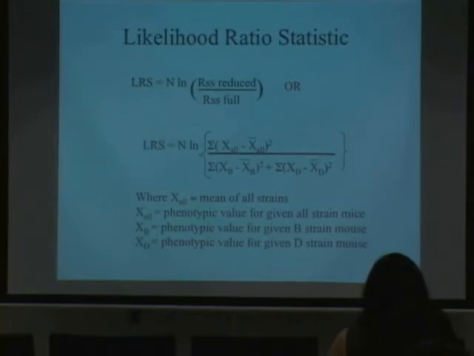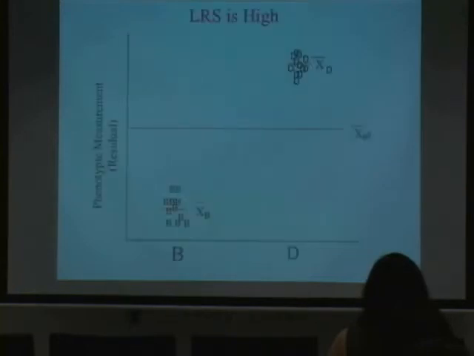Okay, so my point is, when you get the data to look like this, that everybody who's got the B form of the marker, their phenotype is highly discrepant from those that have the D form of the marker, that's when the likelihood ratio statistic is high. That's when we'll be getting those peaks in our QTL analysis. And what that suggests is that around that marker, or even at that marker, there are genes that might have had a big impact on that phenotype.